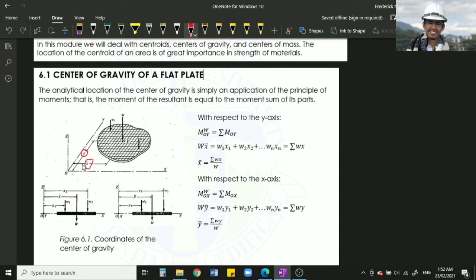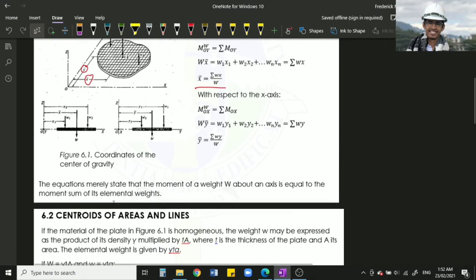So, para makuha natin yung bar x, bar x is equal to summation of weight ng parts ng ating plate times yung parts din ng ating mga x over yung overall weight ng ating plate.